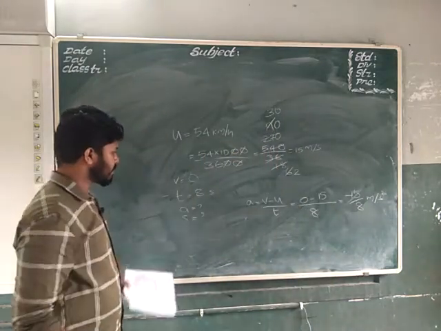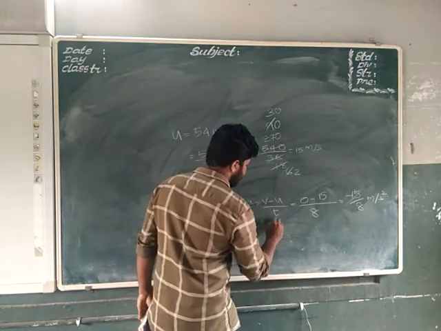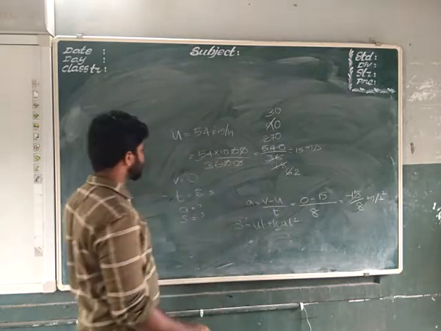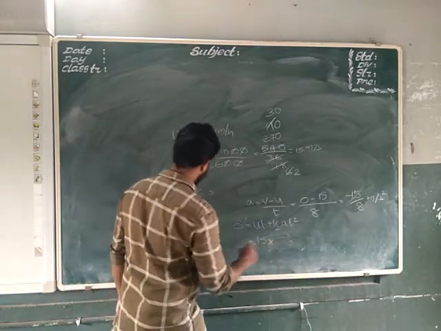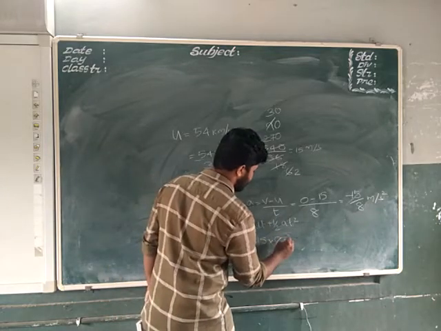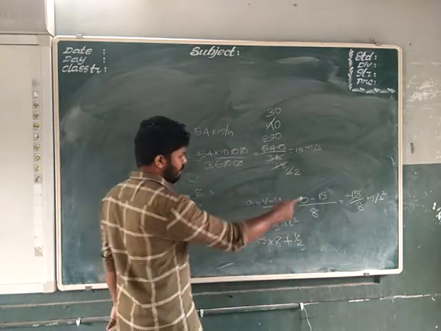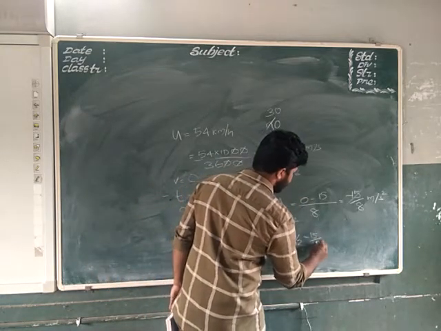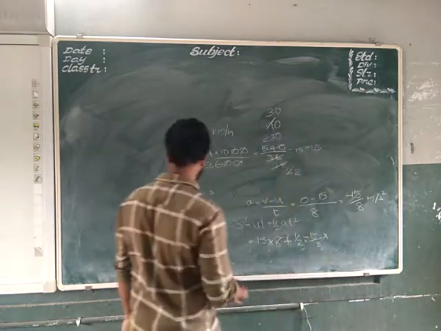Now we have to find the distance traveled. S equal to ut plus half at square. Where u is equal to 15 into t equal to 8 plus half into a, and our a is equal to minus 15 by 8, half into a into t square.